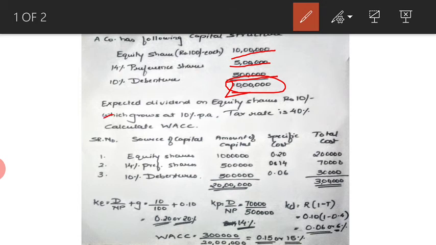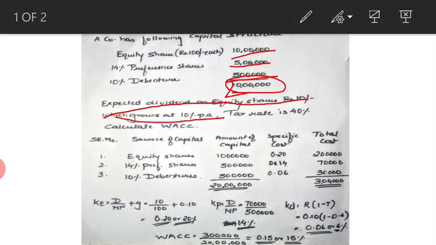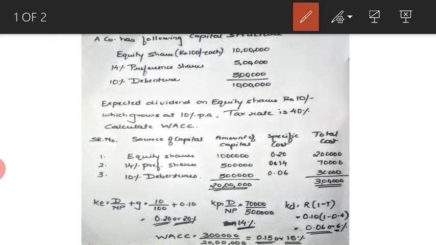Then expected dividend on equity shares rupees 10, which grows at 10% per annum. Okay, that means they have given the share capital and they have also given the cost here, plus additional information to find out cost of equity. If you remember, how do we calculate weighted average cost of capital?